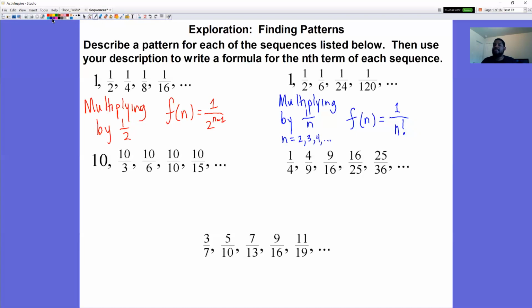Okay, so we can describe that pattern as adding n plus 1 to the denominator, where n starts with 1, 2, and so on.